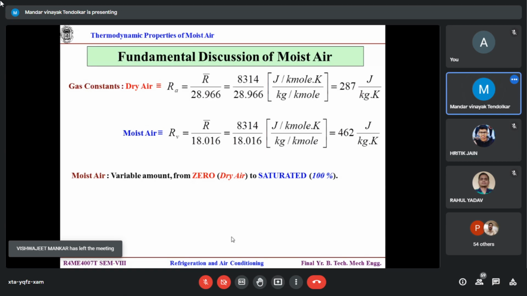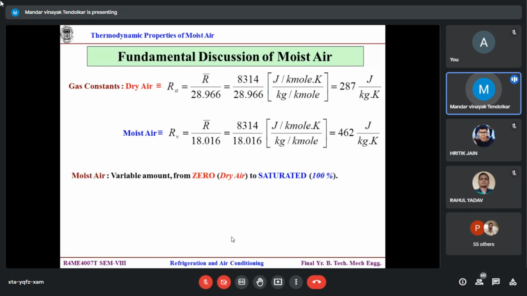That means the maximum capacity of the air to absorb, to accommodate the moisture. That capacity is saturated.